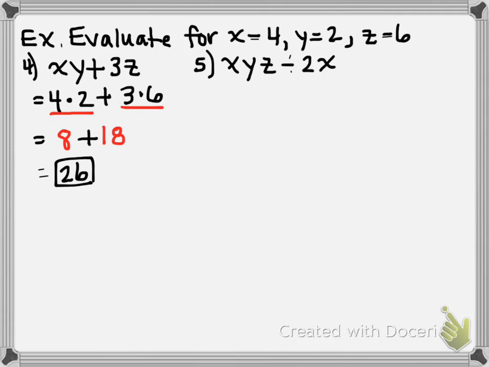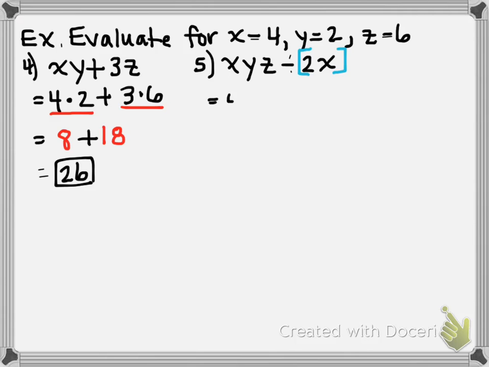Did he mean divide by 2, whatever the product of x, y, z was, divided by 2, then multiplied by x? Or did he mean to take that product x, y, z and divide it by the quantity 2x? Because we don't know what the author meant, we need to go to our 2x, and we're going to look at it as if it is a group. So it needs to belong together.